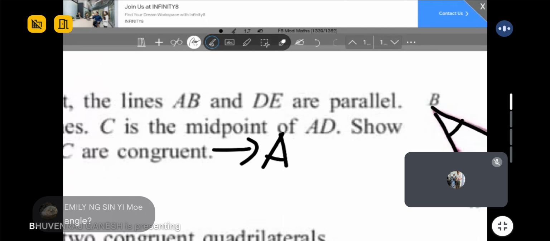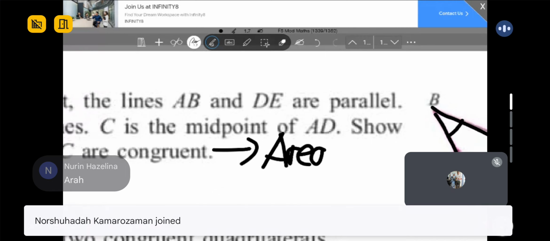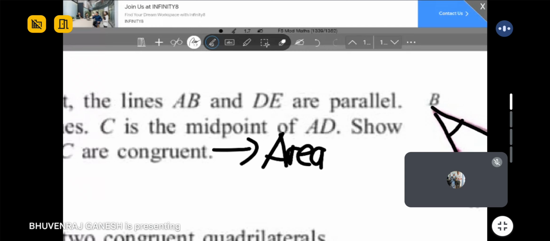The main thing, guys, the big thing, is called area. We look at the area. So that means if the area is the same, it is congruent. Can you understand? If the area is the same, it means congruent. That's the concept. Area the same, definitely congruent.